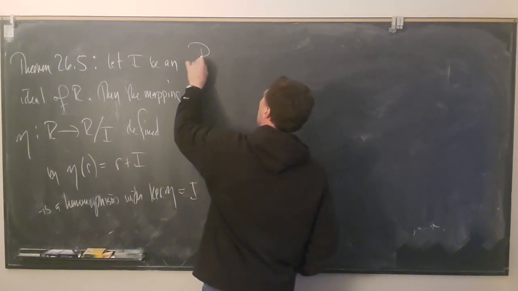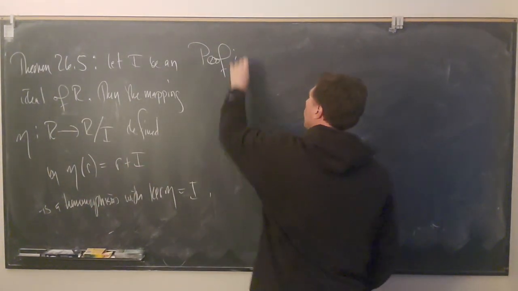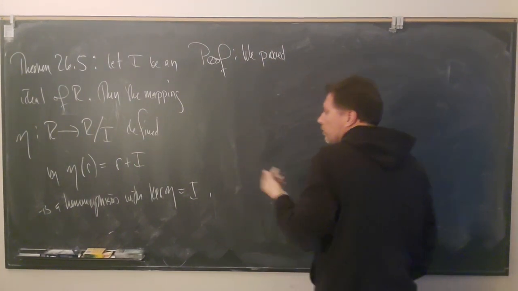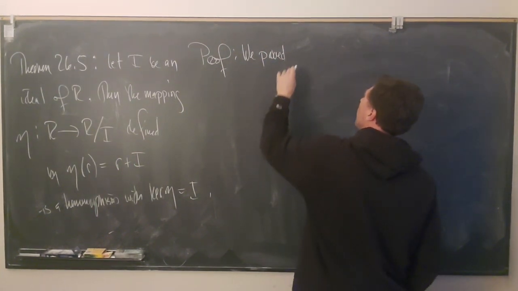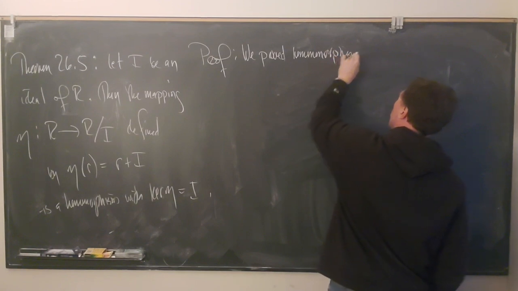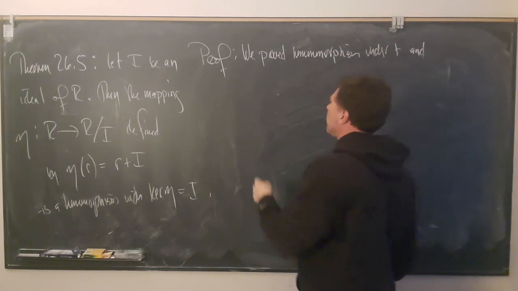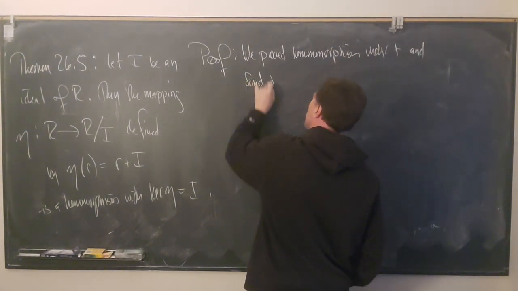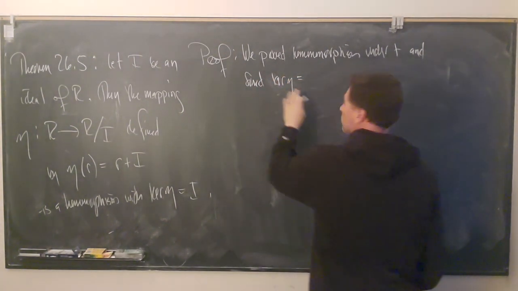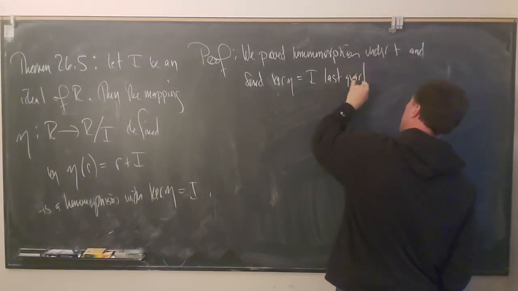So for the proof, we proved from group theory that it's a group theoretical homomorphism. So we proved homomorphism under plus, and we also found the kernel of eta equal to I, last quarter.